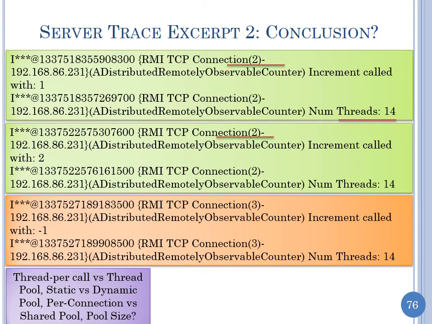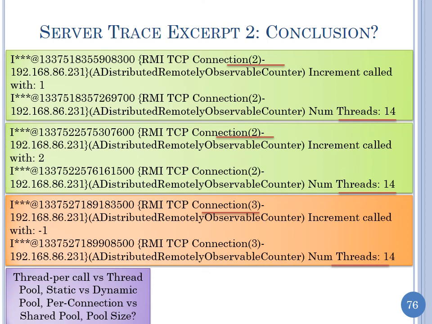Another call comes in, same thread ID, and the number of threads is still 14. A call from the other process has thread ID 3, and the number of threads is still 14.